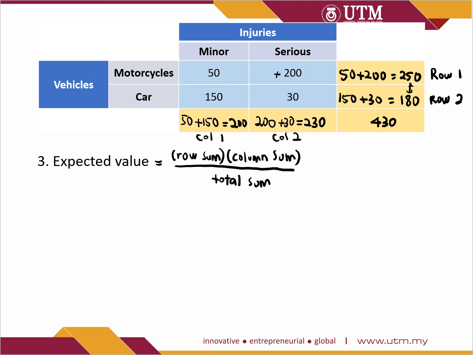For E11, it will be the row 1 sum multiplied by the column 1 sum, divided by the total sum, which is 430, and we will get 116.28.